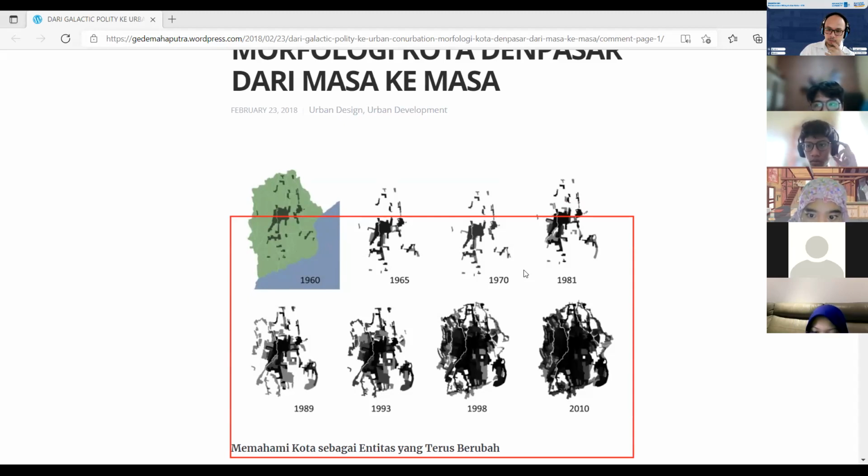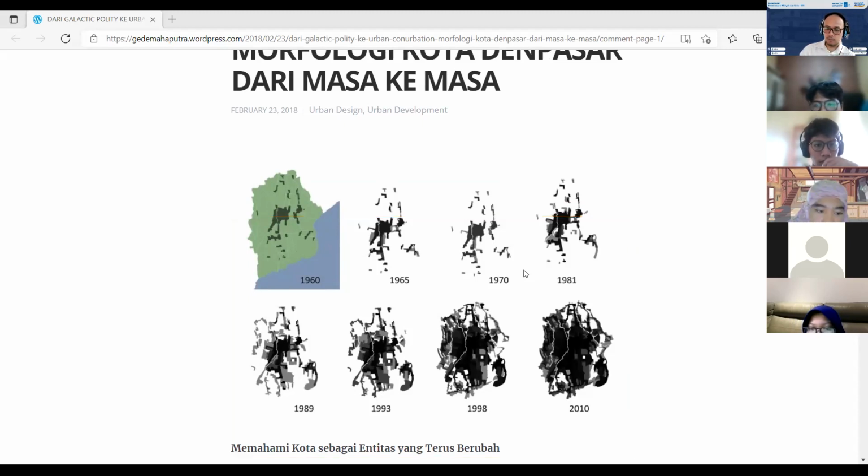I don't really know how or where they got the maps from. But the short answer is, can you use this source? Yes, you can. You can use this source as your reference.